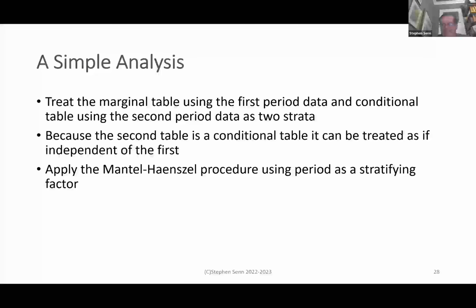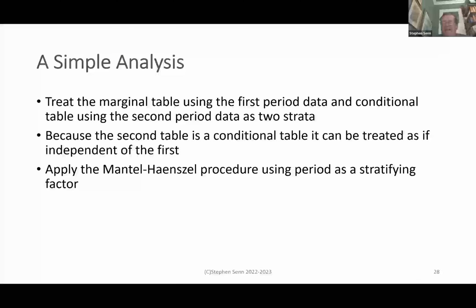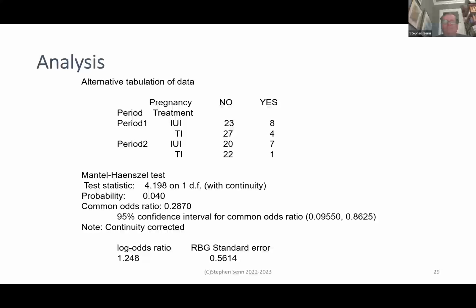This is effectively what happens in a Mantel-Haenszel test, and it's effectively what happens in the log rank test also. It's a standard device of conditioning on what's happened so far when looking at survival data. Because the second table is a conditional table, it can be treated as if it was independent of the first, and we apply the Mantel-Haenszel procedure using period as a stratifying factor.